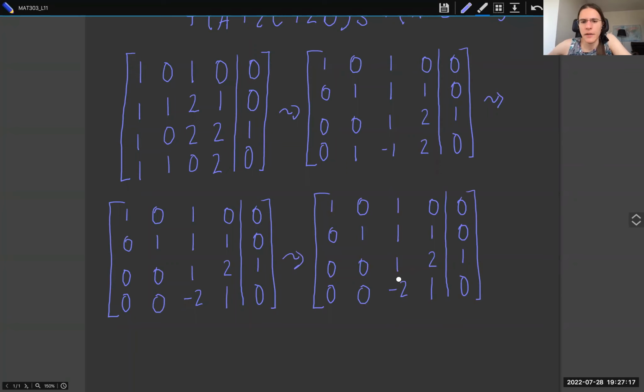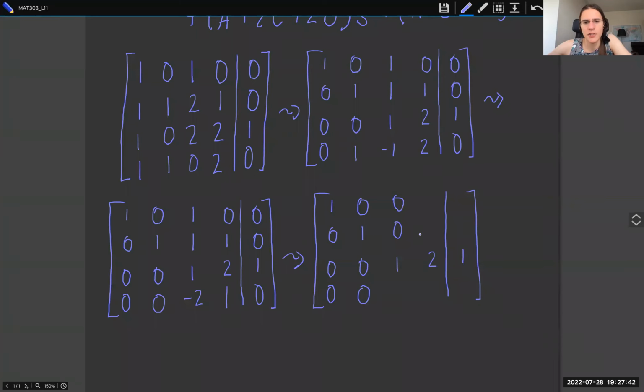Then I'm going to get rid of this entry. So here I'm going to subtract 1 from all of these. Well, subtract 1 from here and subtract 1 from here.